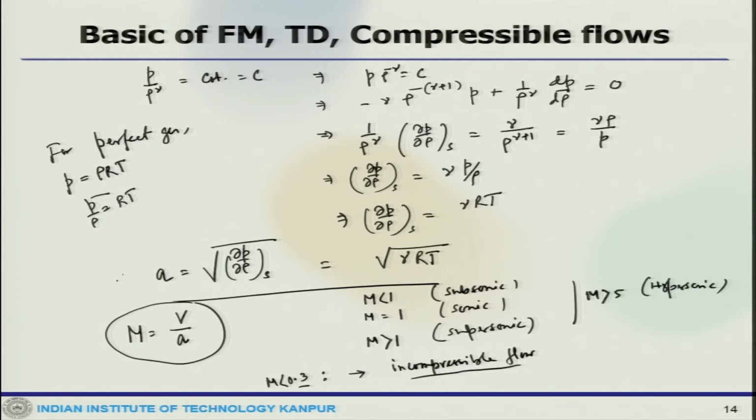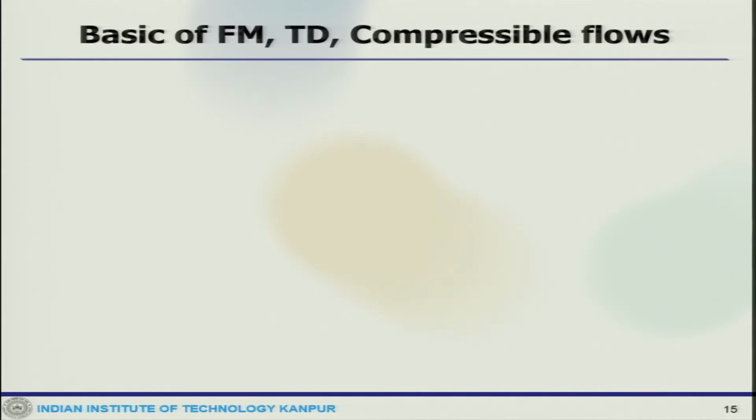Now, one may think about the physical interpretation of this Mach number. One can think of the Mach number as a ratio of two energies, one is kinetic energy and the other is internal energy. So, how do you do that? Just a simple way to look at it: let us say kinetic energy by internal energy.